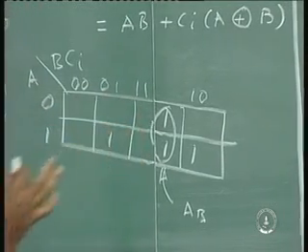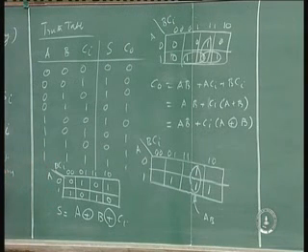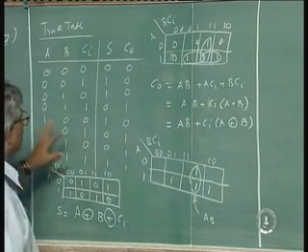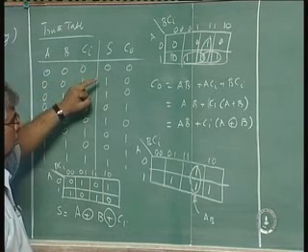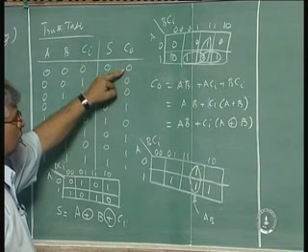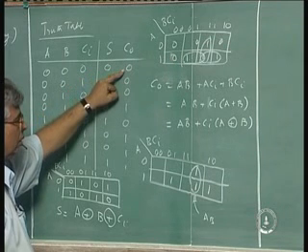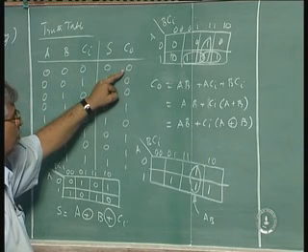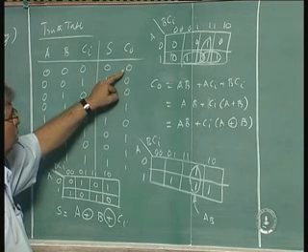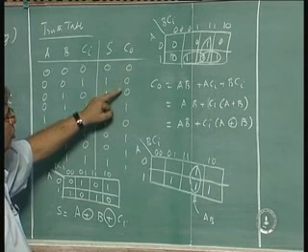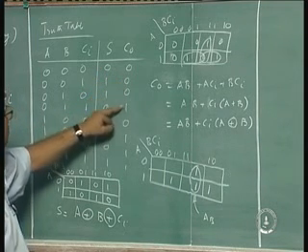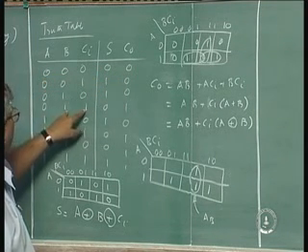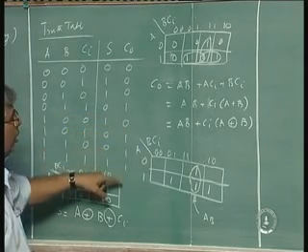Let me see, CO is 0, 0, 0, 0, 1, 0, 1, 1, 1.